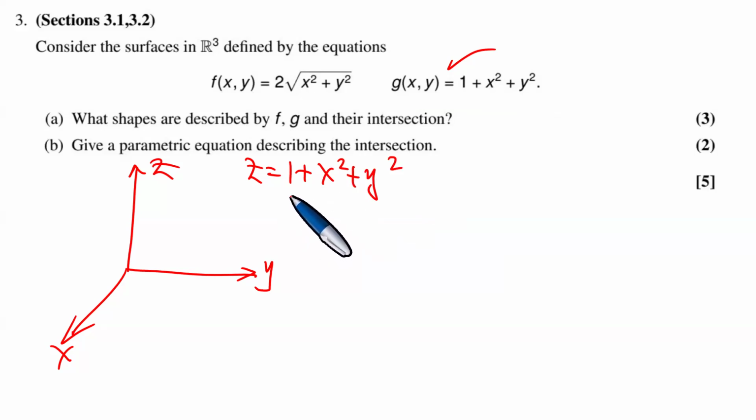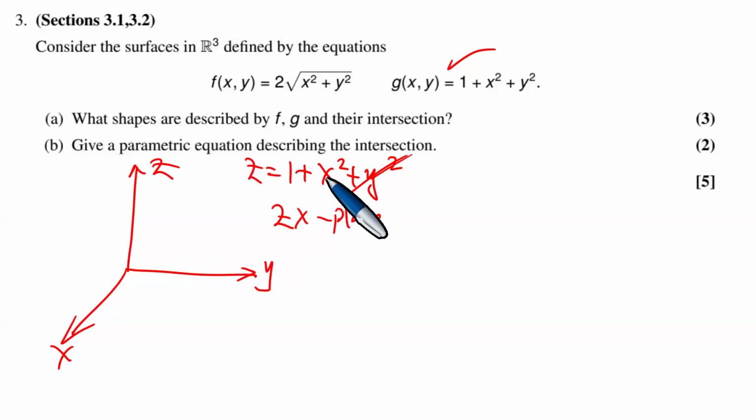You can write it like that. So at this point, if you decide to say, let us look at a plane where y is 0, so let's look at the zx plane. In other words, we remove y, which means that we have z equals 1 plus x squared.